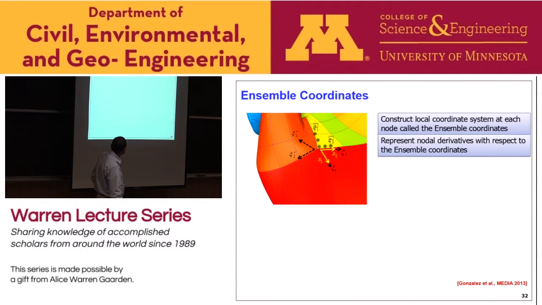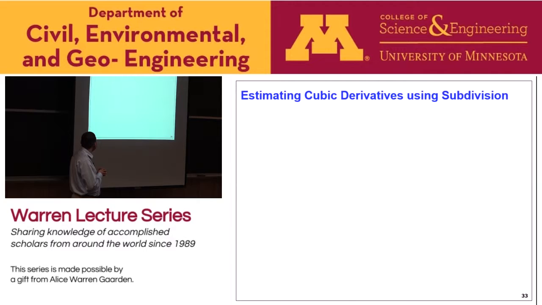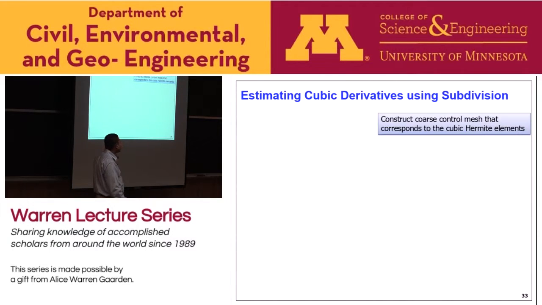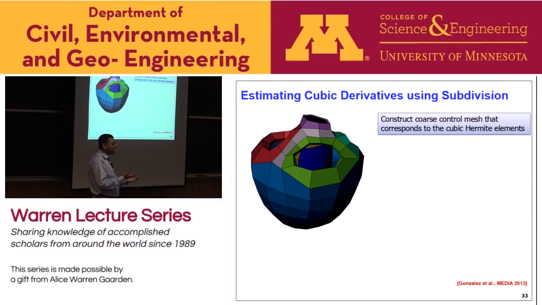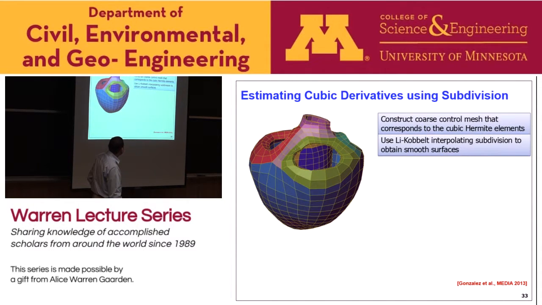But before doing that, we still need to estimate the cubic derivatives from the linear mesh that we had. So to do that, we do what is called a solid subdivision. We use an interpolating subdivision scheme where you subdivide each brick element into 8 smaller brick elements.